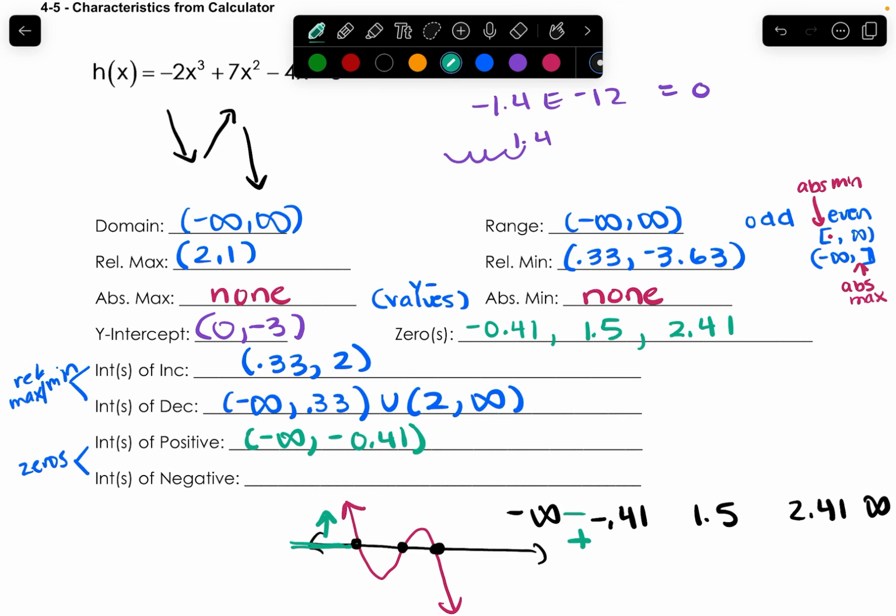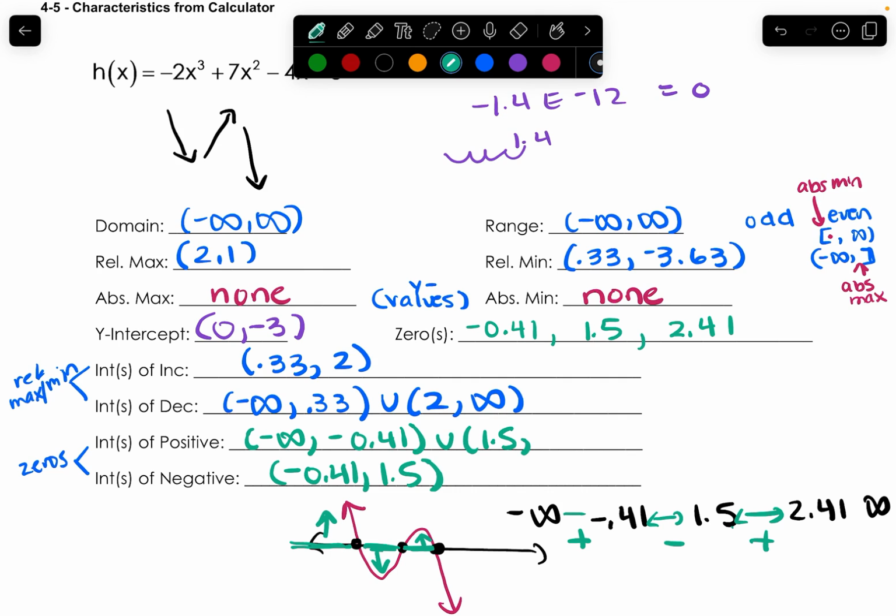Then in between here, -0.41 to 1.5, the graph is below. So that's -0.41 to 1.5. Then from 1.5, as I move over to the next zero, it's up, so it's in the positive.